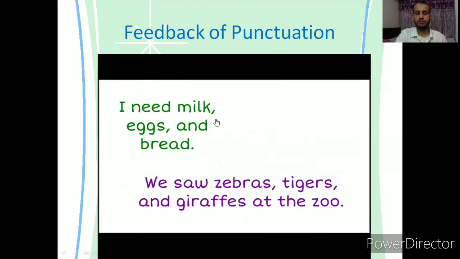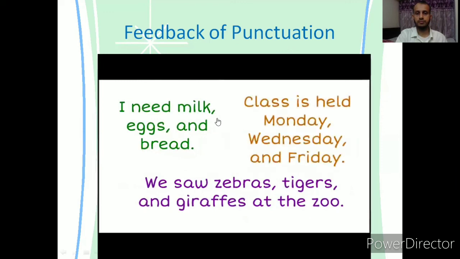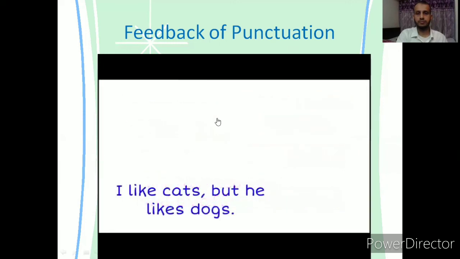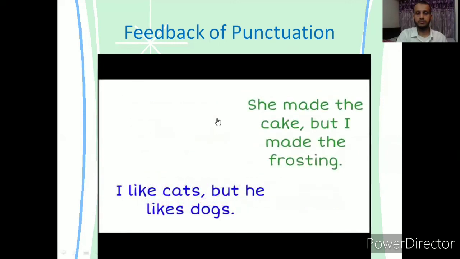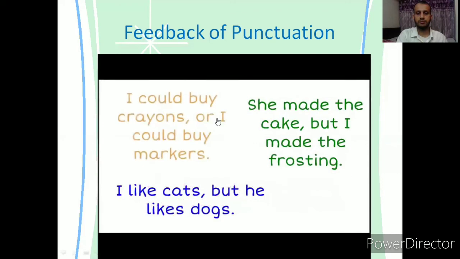Commas should be used to separate three or more items in a list. They are also used to separate compound sentences, two complete sentences connected by a conjunction like and, but, and or.